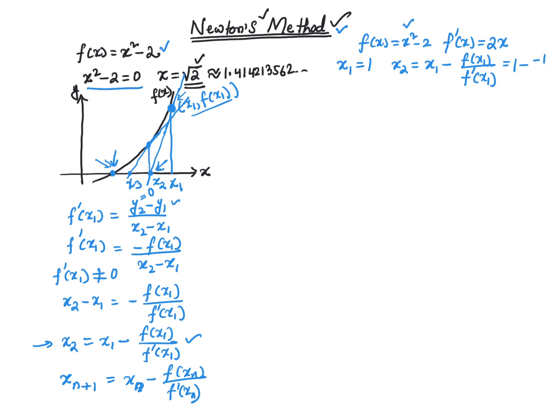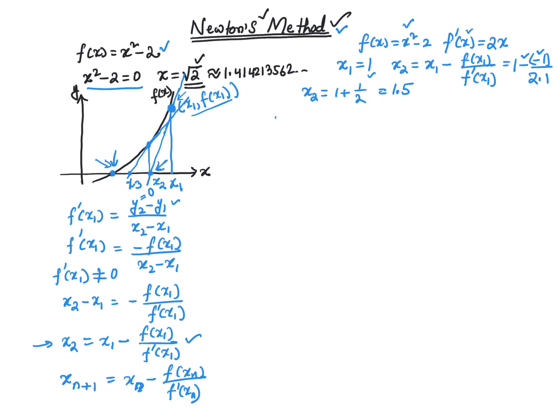So negative 1 divided by 2 times 1, which is the f prime of x evaluated at x1 equal to 1. So that's going to give me x2 is equal to 1 plus 1 over 2, because negative and negative makes it positive, which is just 1.5.